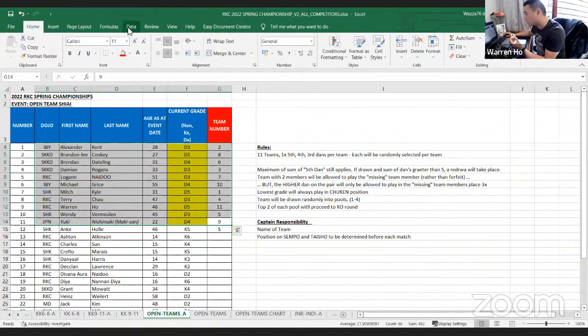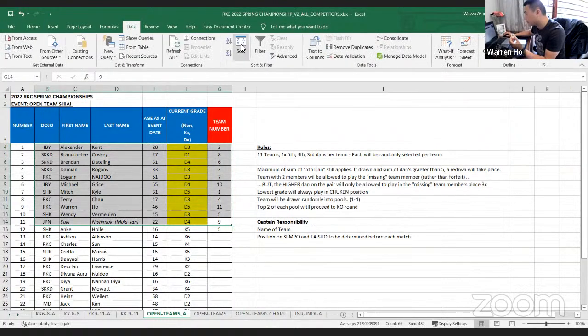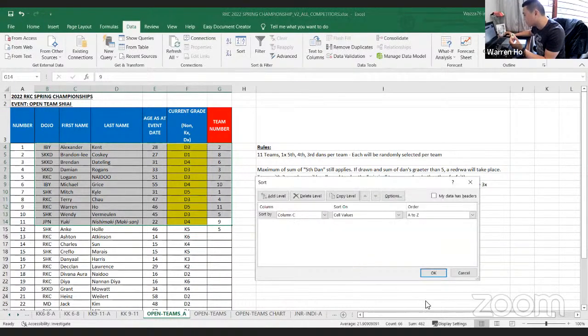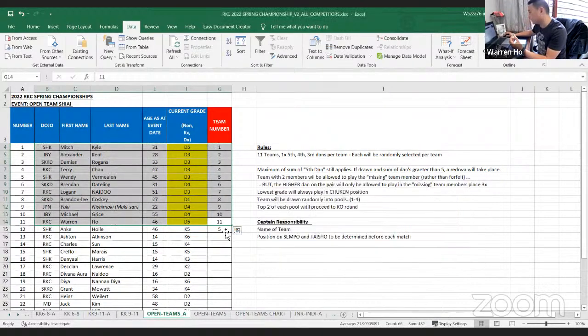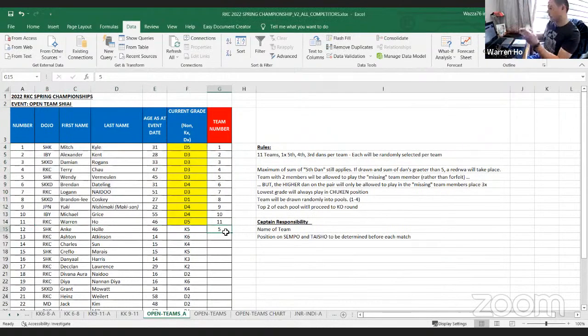Let's just sort this out quickly. Sort by alphabet. No, let's do it by team number. So Anka is with team number 5, her sensei. So well done. All right, next one is Ashton.